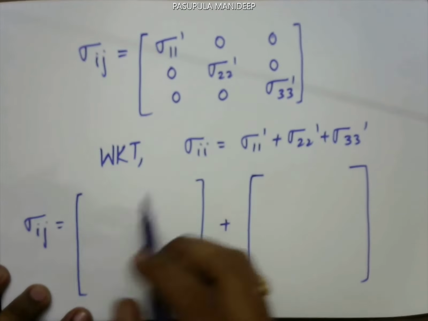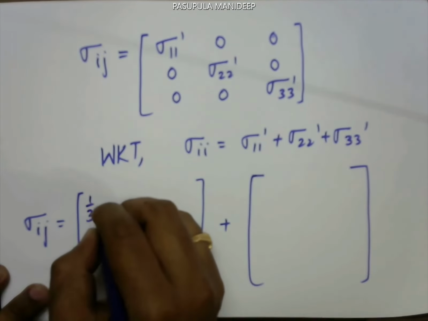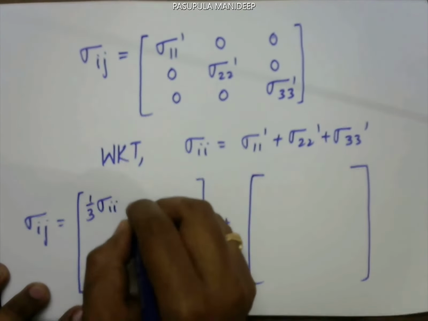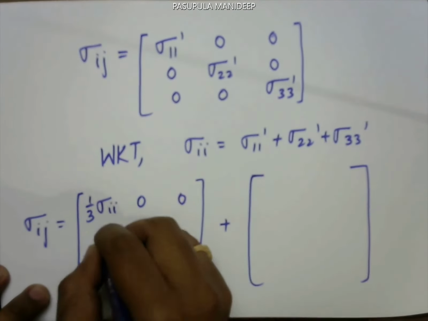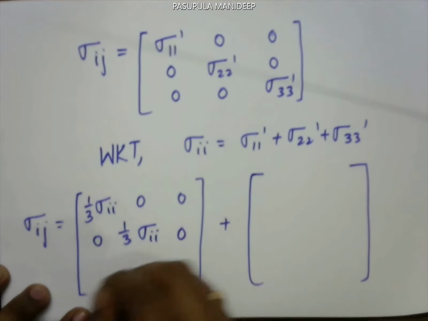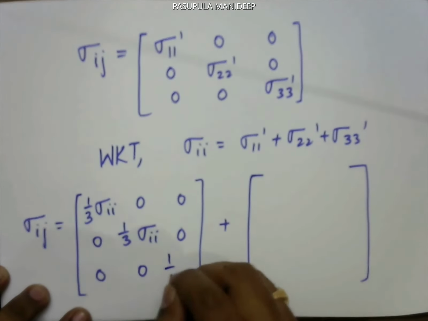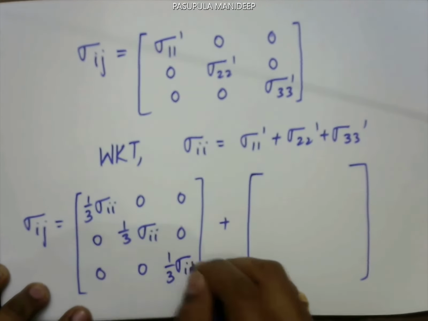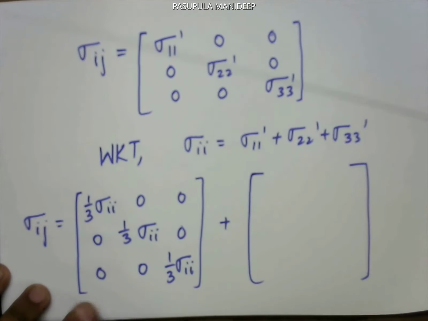So we can write the first part as 1 by 3 sigma ii on the diagonal, with zeros elsewhere. This is the isotropic part.